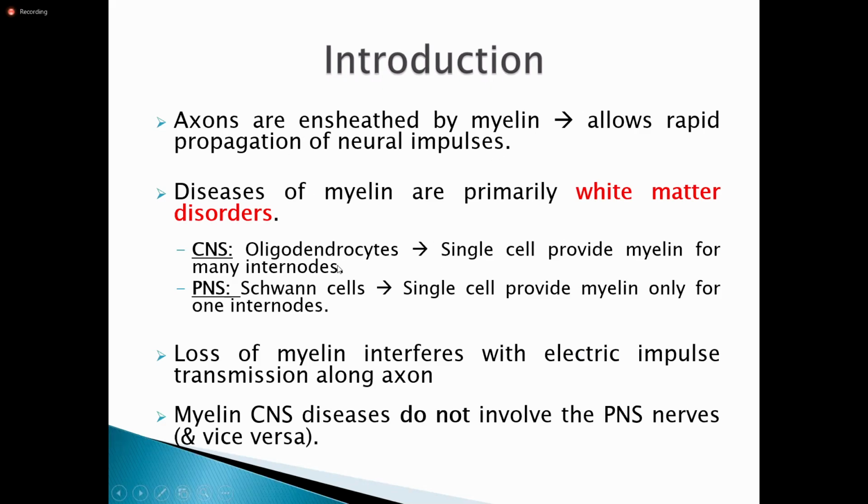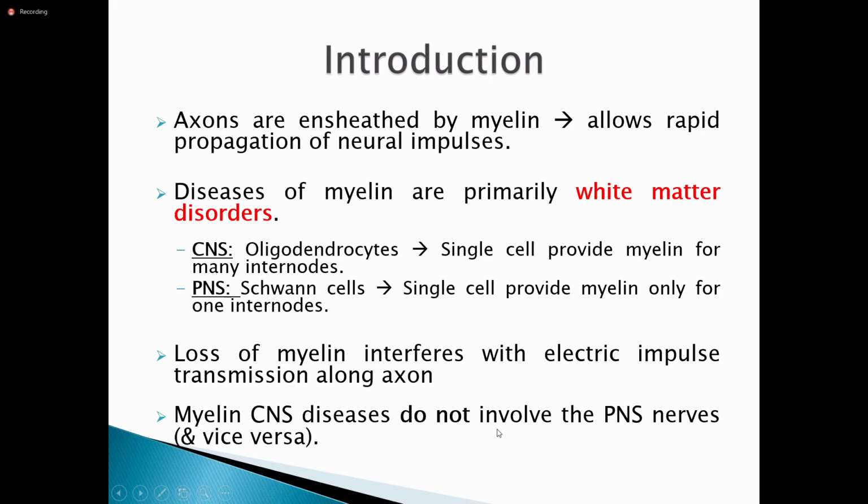Oligodendrocytes provide myelin for multiple internodes. Schwann cells myelinate only one internode; a single cell provides myelin for only one internode. Loss of myelin interferes with electrical impulse transmission along the axon, which becomes slower.